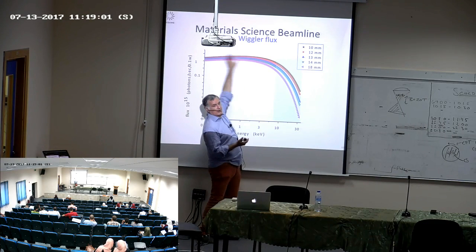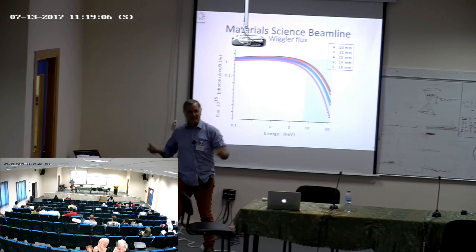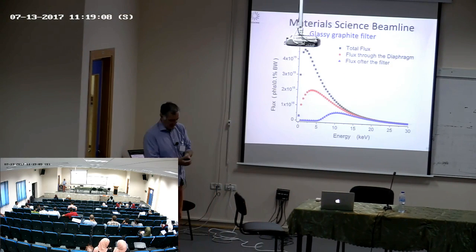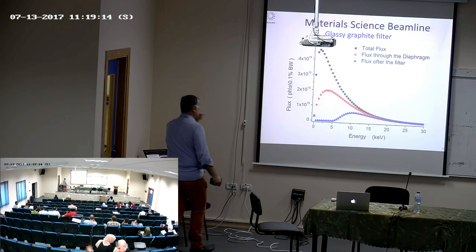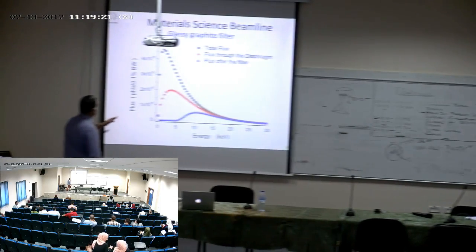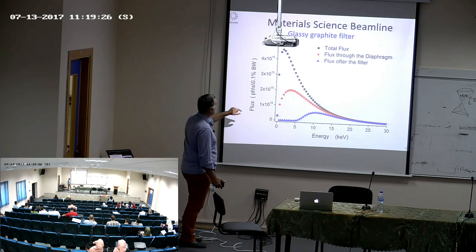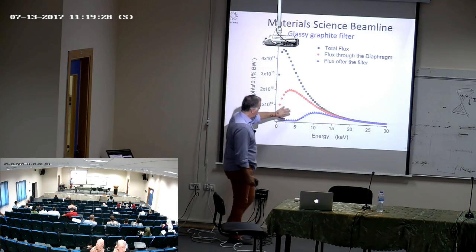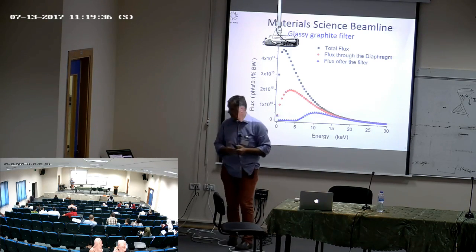So you want to get rid of all this, which is somehow a waste, but there's nothing we can do about it. Of course, this is a typo. This is after the filter. So we're going to insert a filter made of graphite, which will basically limit the minimum energy to between 5 and 7 kiloelectron volts.